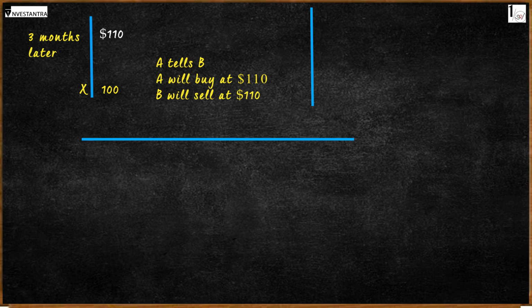So they've entered into a forward agreement. Let's say 2 months from today, we'll say this is the agreement, right? 110 is the agreement. Let's assume that this is the agreement date.